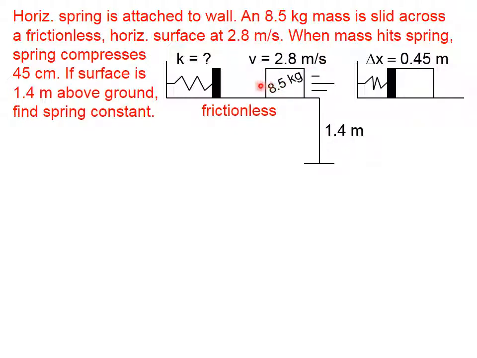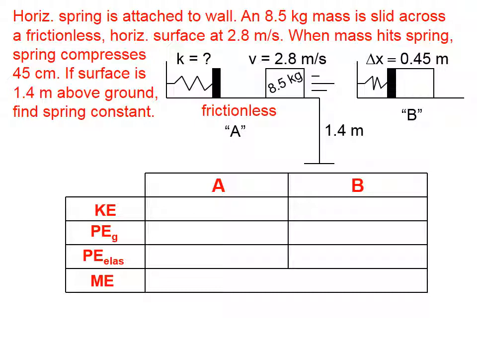The mass will of course hit the spring, causing the spring to compress, and that's what we see on the right. We're told the distance the spring compresses, and the question is, what's the spring constant?